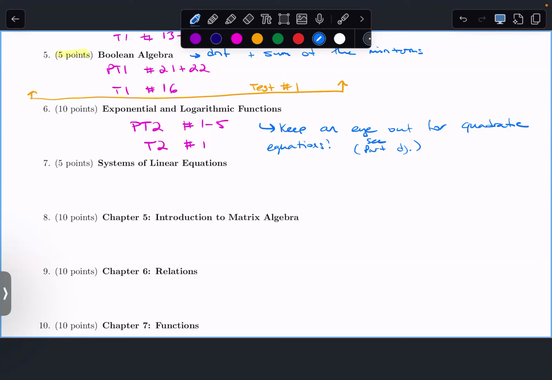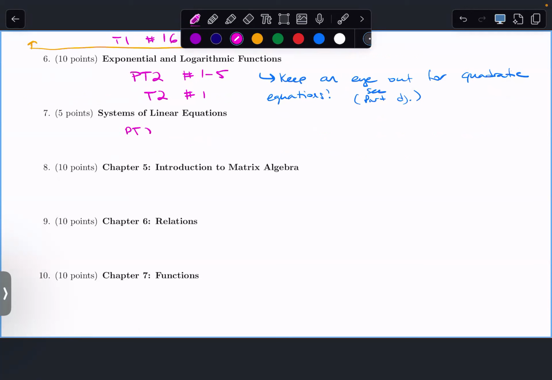Then what do? We worked with some lines, building up to solving systems of linear equations. And so we saw that on practice test 2, number 6 through 12.